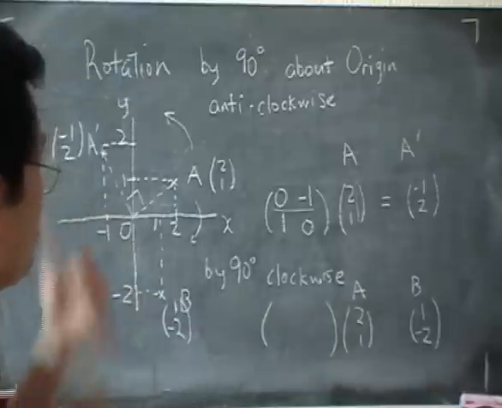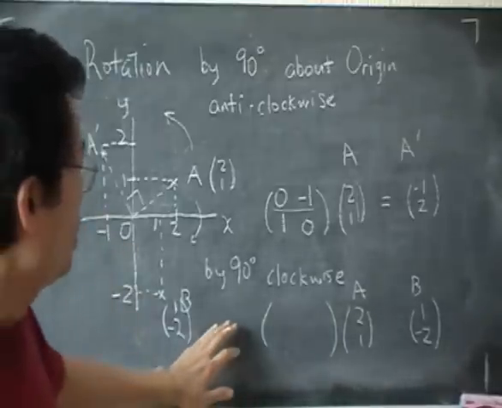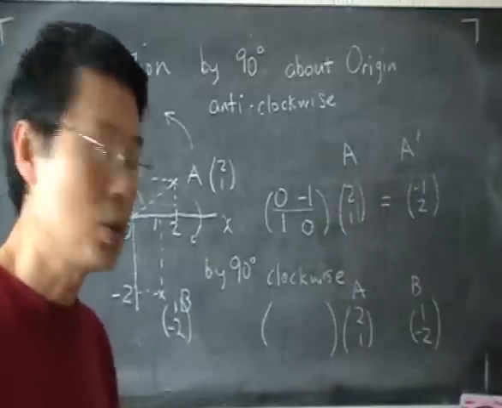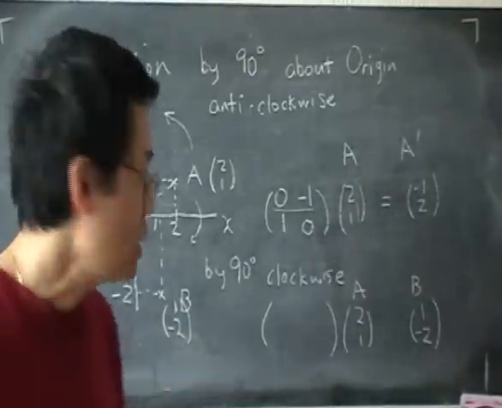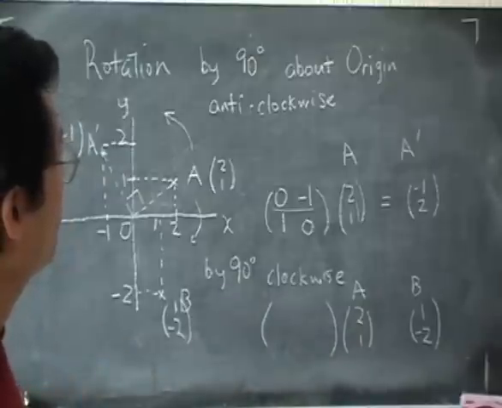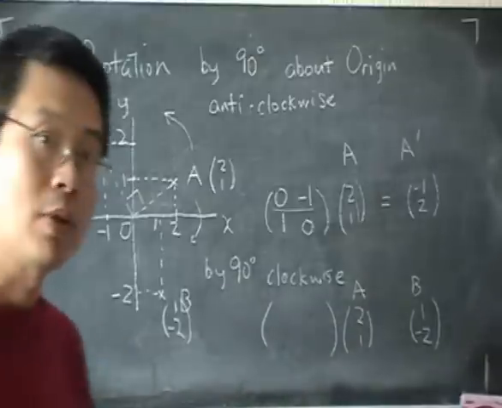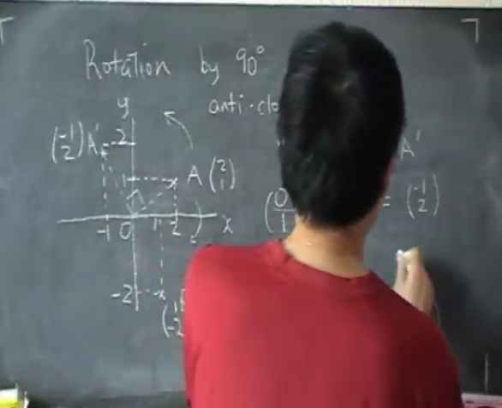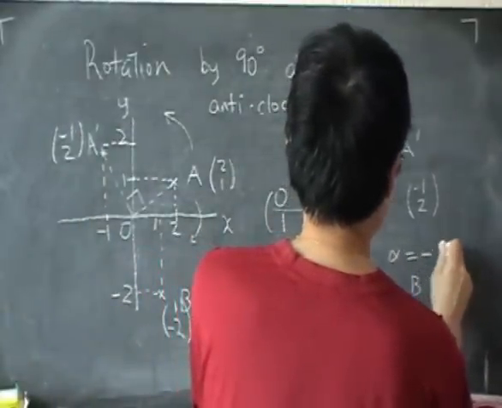To get this matrix, we could do the same thing, use the formula with the sines and cosines, except that this time the alpha in the formula should be minus 90 degrees. So I must use alpha equals minus 90 degrees here.